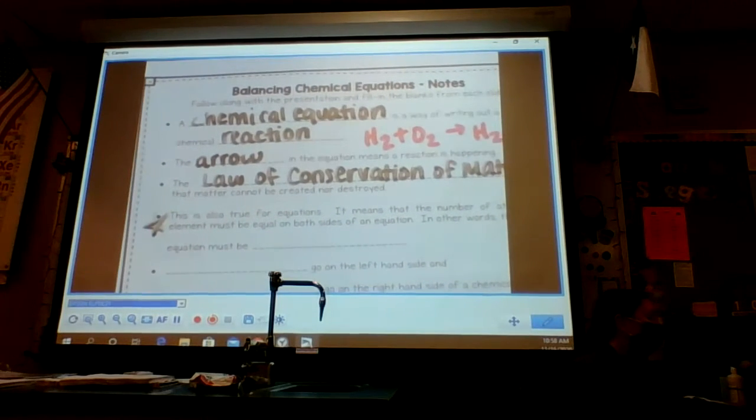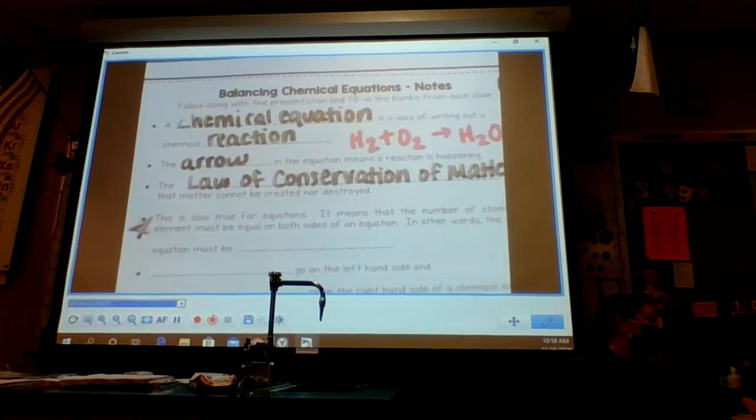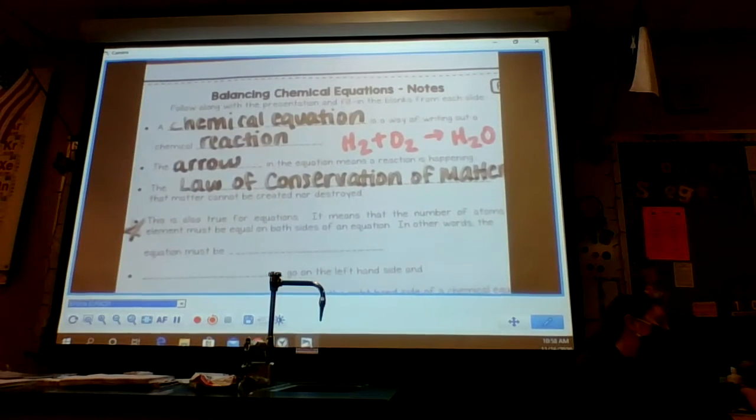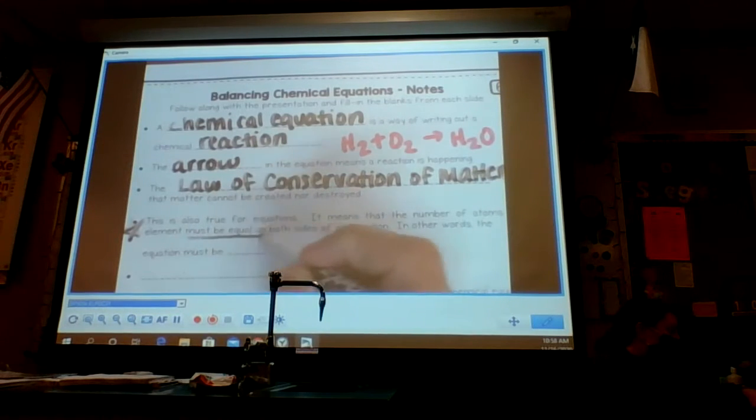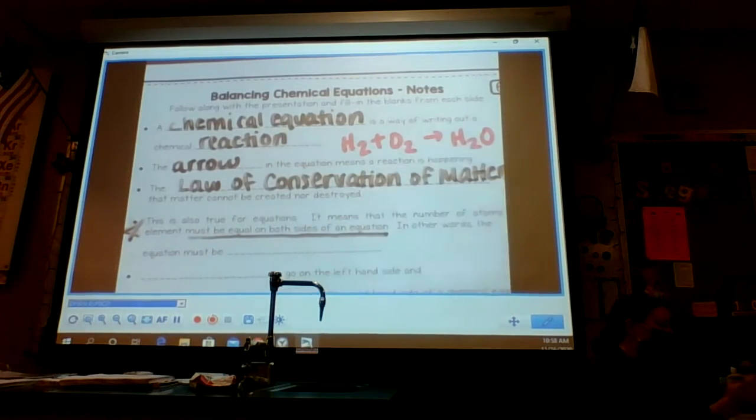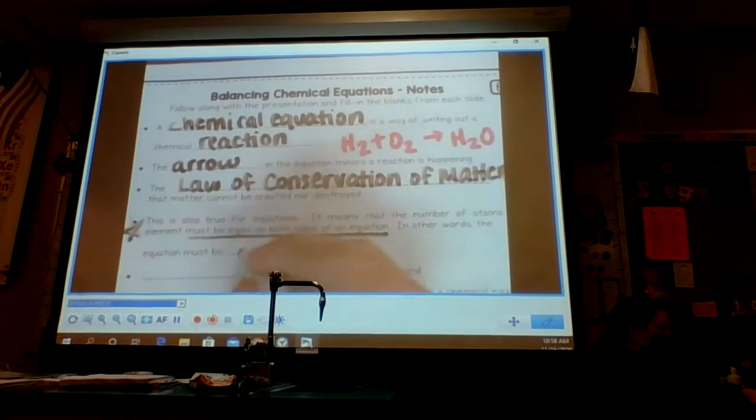Speaking about the law of conservation of matter, this is also true for equations. It means that the number of atoms in an element must be equal on both sides of an equation. Underline that part for me: must be equal on both sides of an equation. In other words, the equation must be balanced.